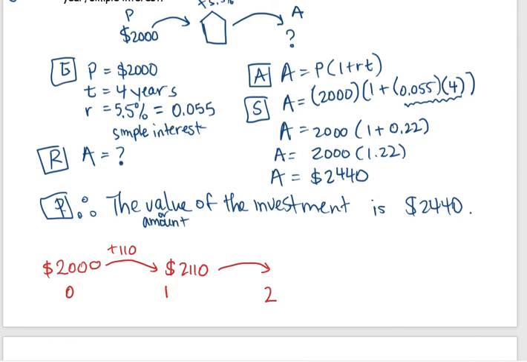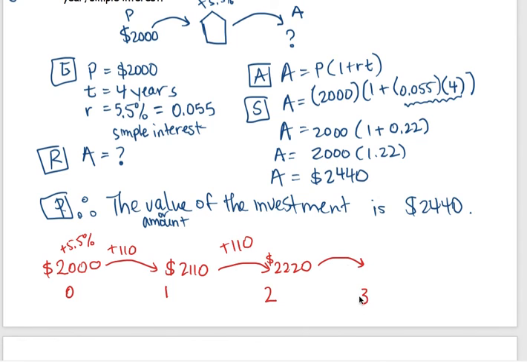So remember that when it's simple interest, you always go back to the original amount, which was the 2,000, and again, we're calculating 5.5%. So again, you are making 110 the next year. Okay, so then you end up with 2,220.